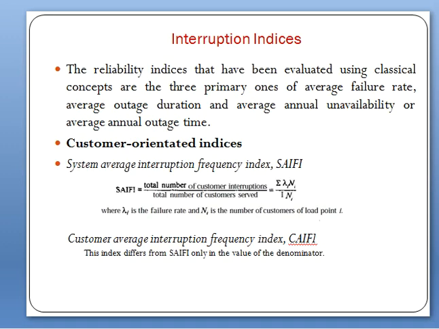Next are the interruption indices. The reliability indices that have been evaluated using a classical concept are the three primary ones: average failure rate, average outage duration, and average annual unavailability or average annual outage time.